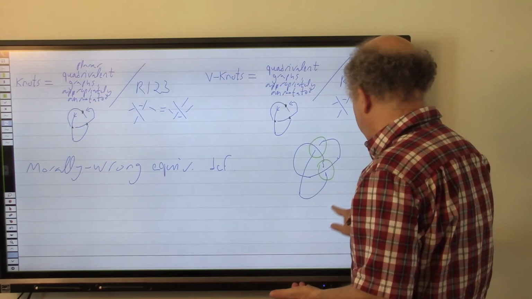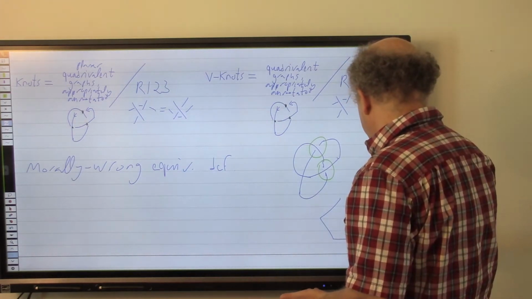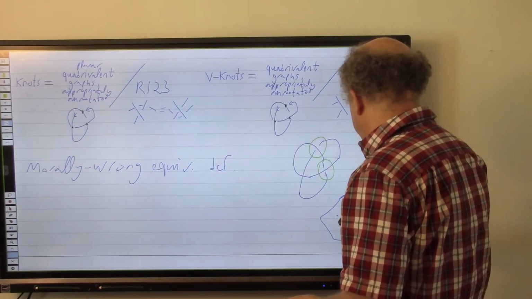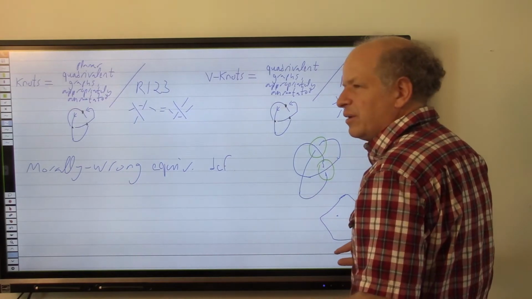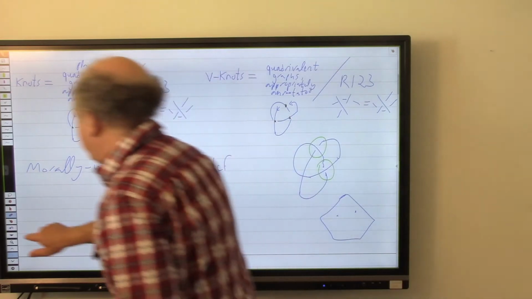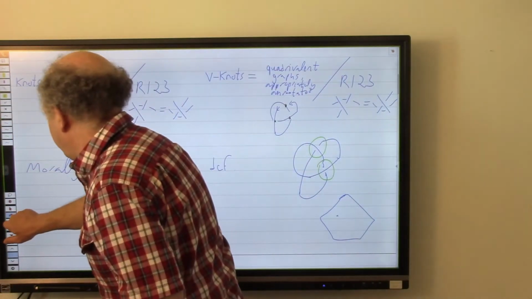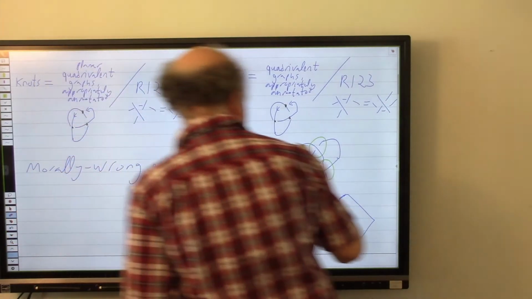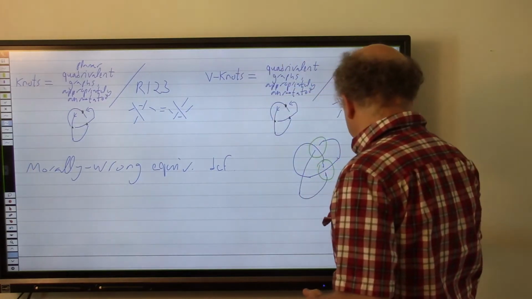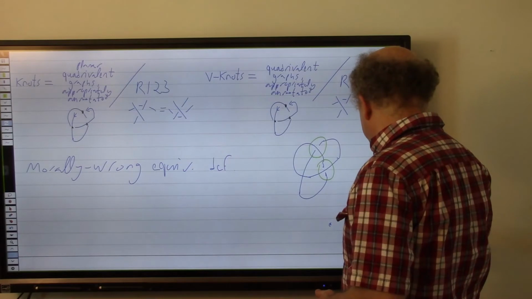Think of K5, the graph that has 5 vertices and all possible edges between them.